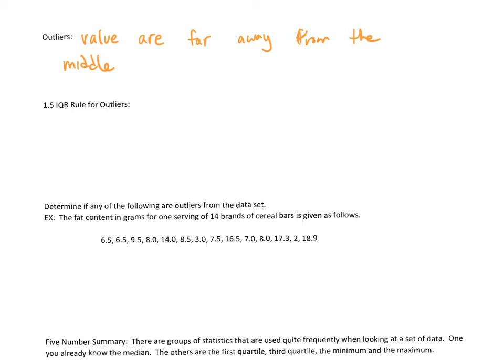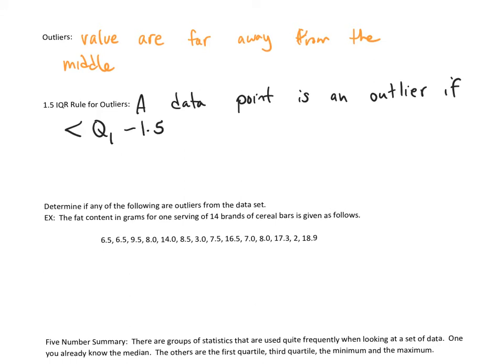So an outlier, we're going to say this. We're going to say a data point is an outlier if that data point is less than Q1 minus 1.5 times the IQR. This is why this is called the 1.5 IQR rule.